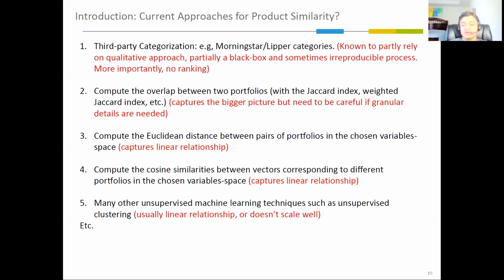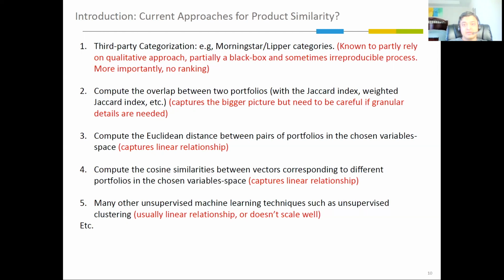Each category would have a list of mutual funds, and they all are similar to each other. So if a particular category has 100 funds, it means that all these 100 funds are similar to each other, and it's fairly useful system to identify similar funds.